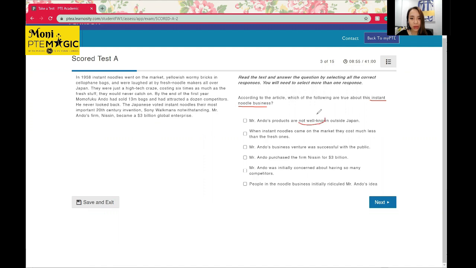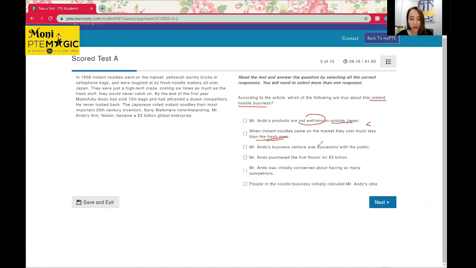Next one, when instant noodles came on the market, they cost much less than the fresh ones. Cost much less, so they're cheaper than the fresh ones.